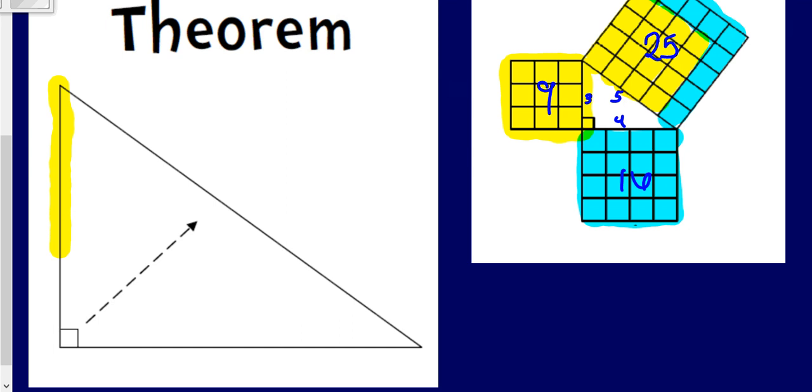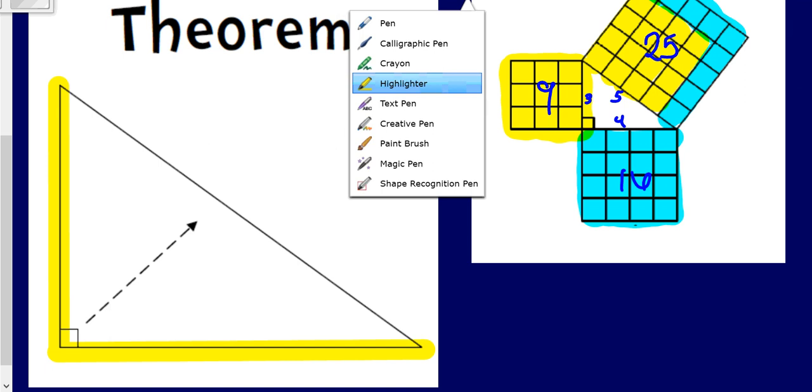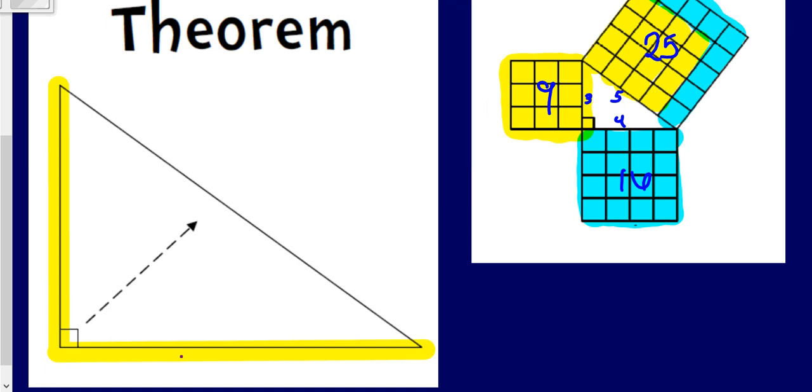So we learned that the legs of our triangles are the 2 pieces that make our right angle. So the 2 rays that make our right angle are our legs. And we call these a and b in our Pythagorean theorem.